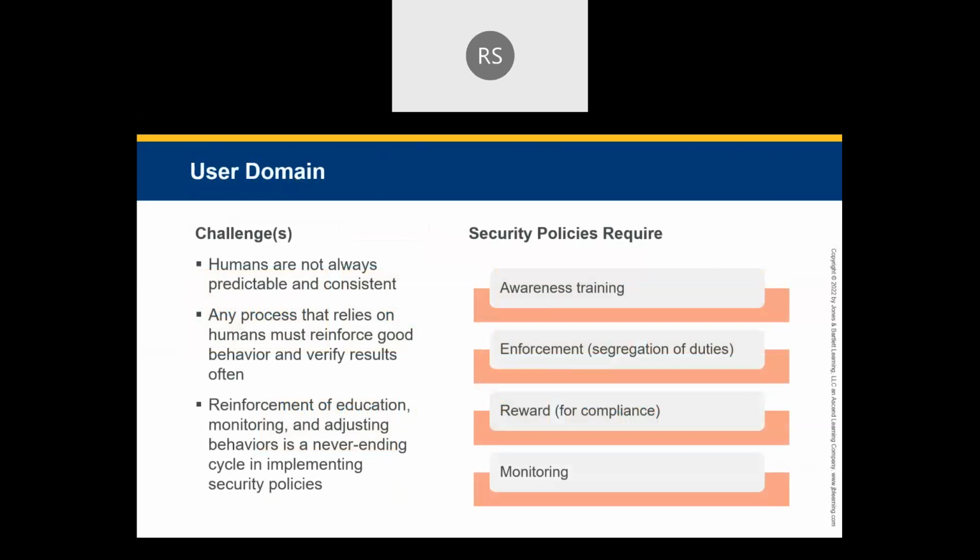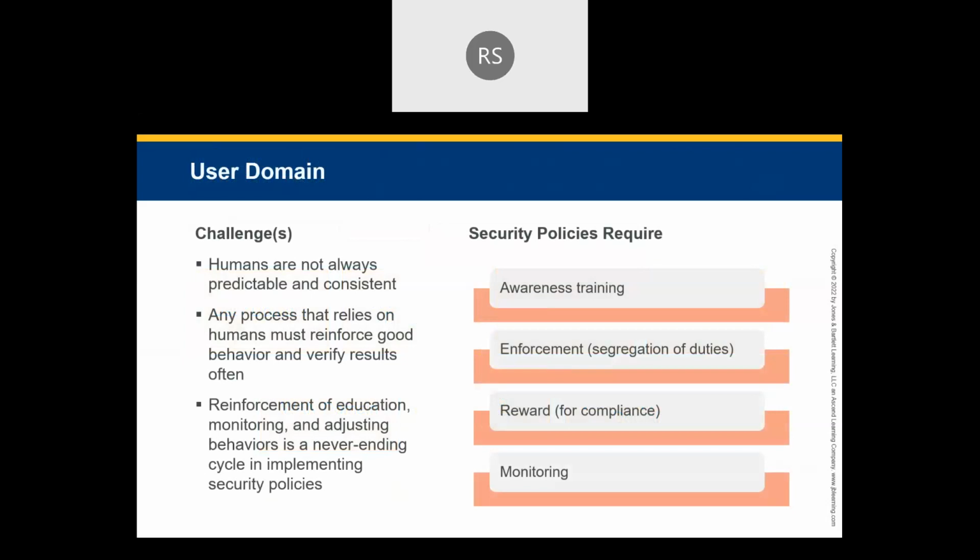So the user domain that we've discussed presents a unique challenge in maintaining information security due to the inherent unpredictability and inconsistency of human behavior. So the end users, which are human, can introduce vulnerabilities and risks through their actions or lack of awareness. This behavior is not always predictable, and it makes it challenging to enforce consistent security policies.